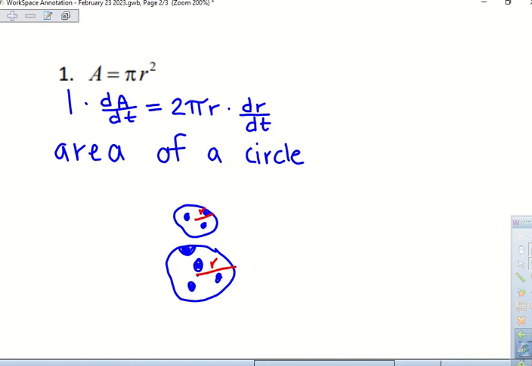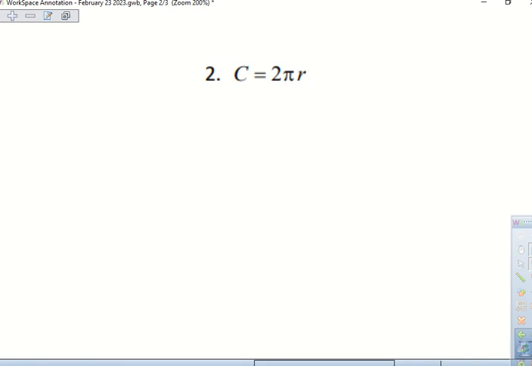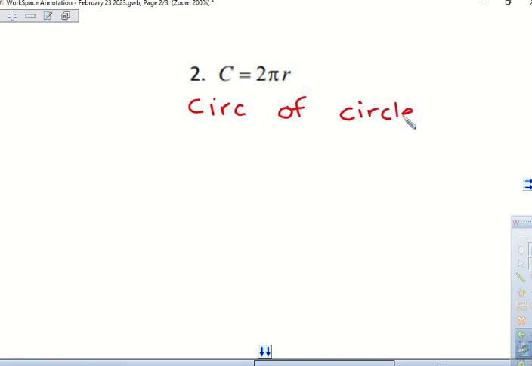All right. So this one here, we were talking about this earlier. What of a circle? Circumference. Yeah, this is the circumference of a circle. So this one's going to have kind of the same applications, but instead of finding the area of the cookie, it's instead going to find the circumference, which is basically the perimeter of the cookie.